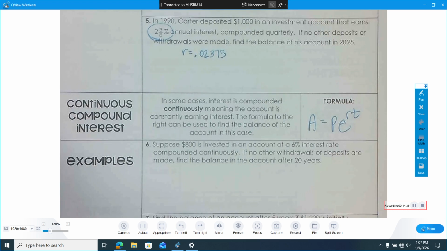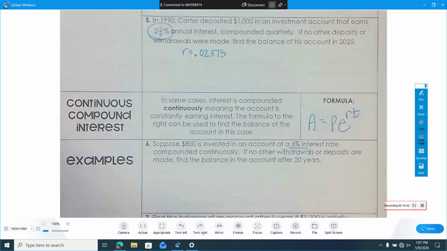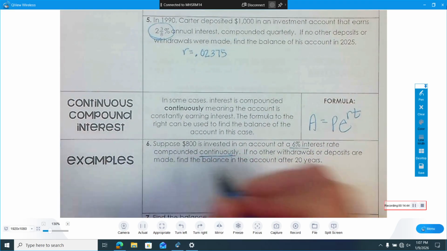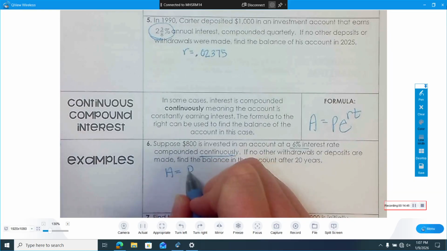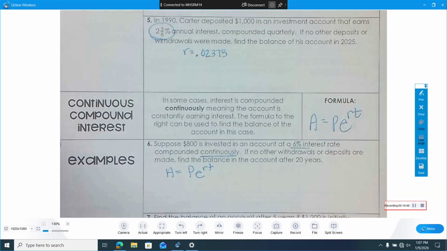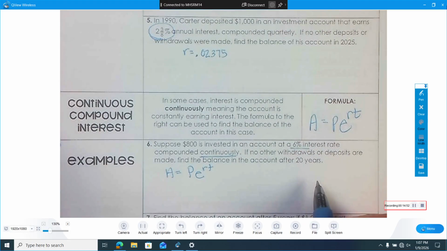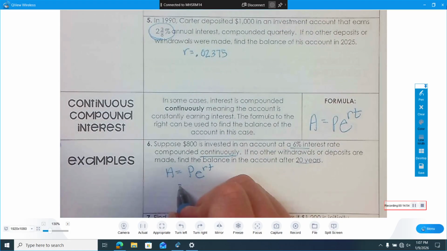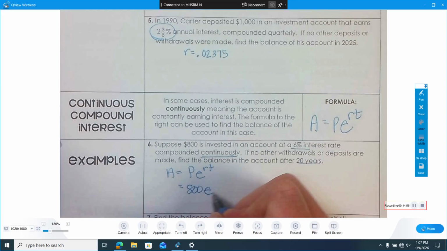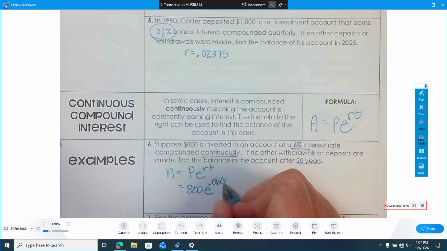So on number 6, $800 is invested in the account at 6% interest rate, compounded continuously. And that word there, continuously, tells me I want to use the PERT model. If no other withdrawals or deposits are made, find the balance after 20 years. So I have $800 times E to the 0.06 times 20 years.